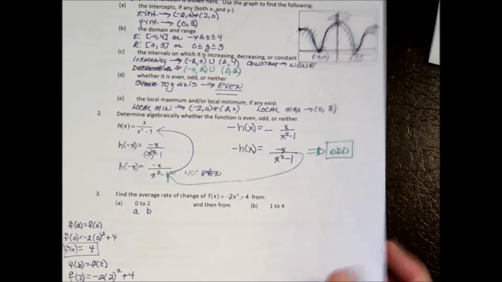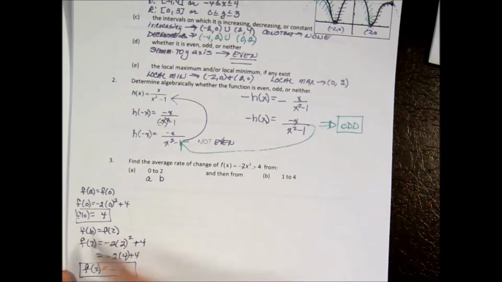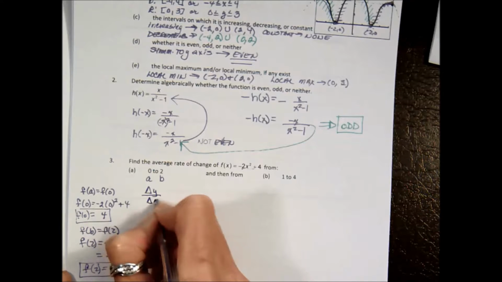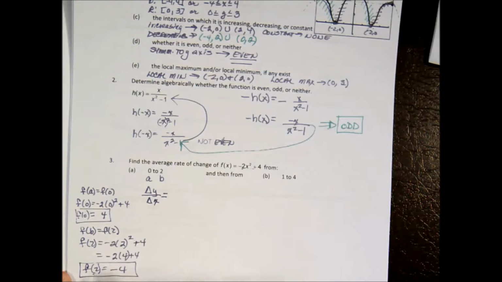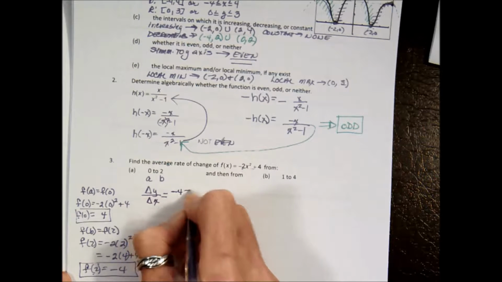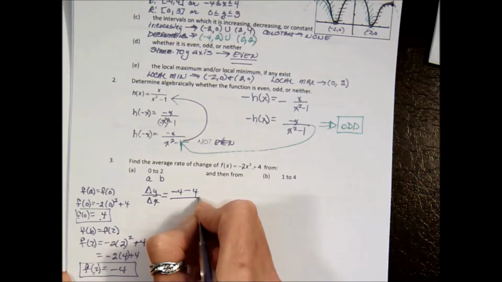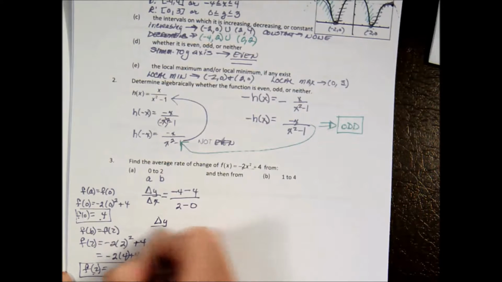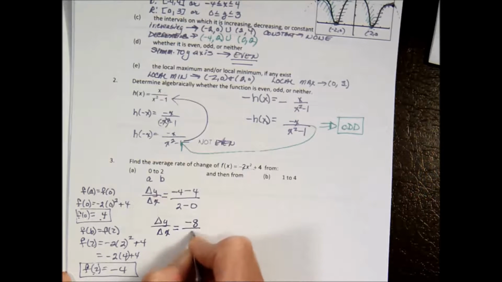So I now have f of 0, which is f of A, and f of 2, which is f of B. So let's remember our formula. Delta y over delta x, which is another way to say slope, is f of B minus f of A over B minus A. Or delta y over delta x is equal to negative 8 over 2.